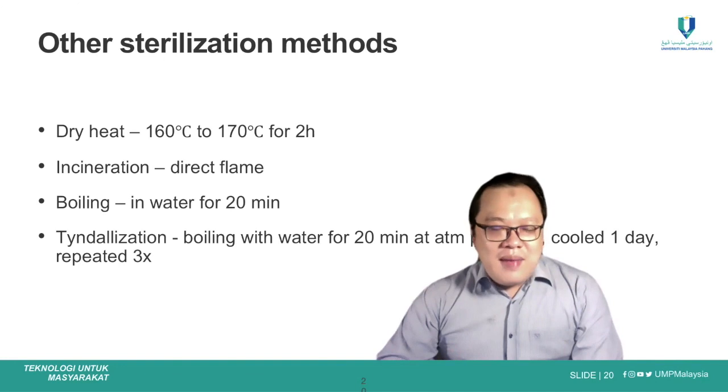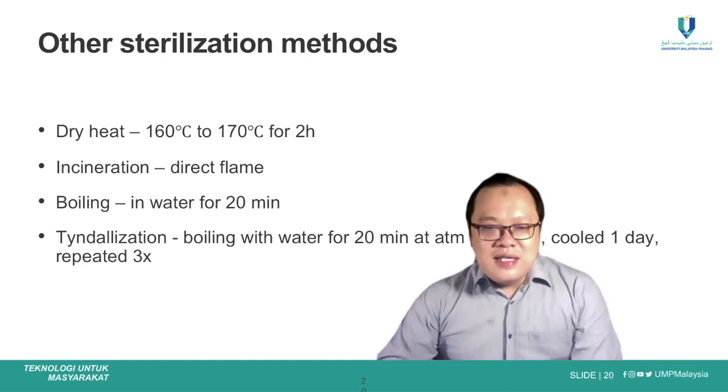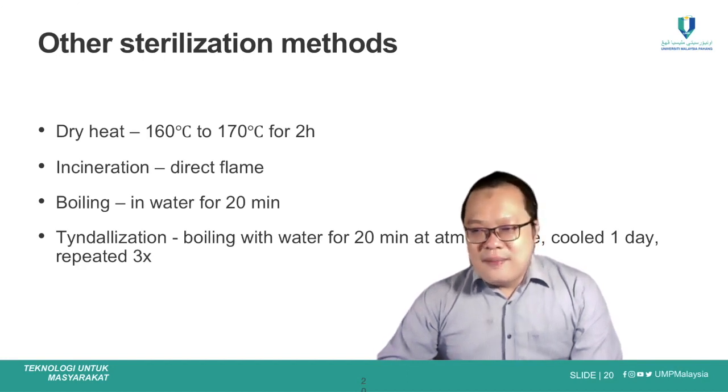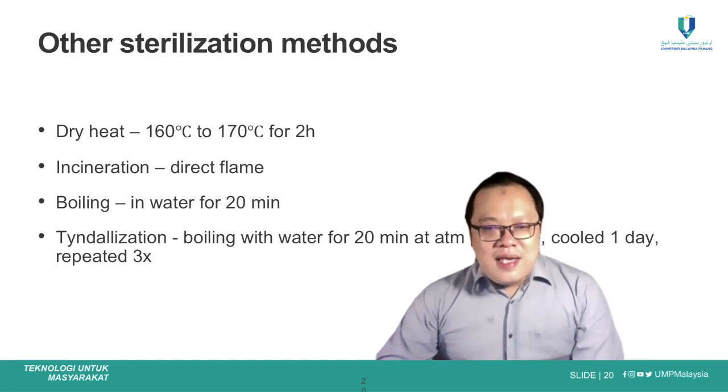This dry heat method is usually used to sterilize glassware, as the glass material is able to withstand 160 degrees Celsius to 170 degrees Celsius for 2 hours. So this can be done at home by using your oven that is usually used for baking your raya cookies or grilling your chicken in the oven.